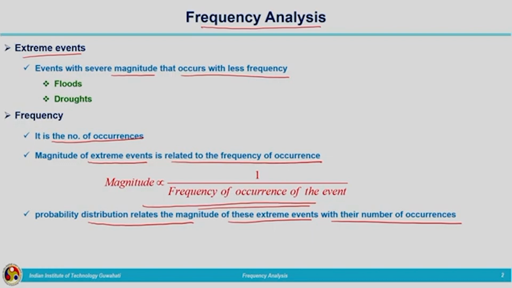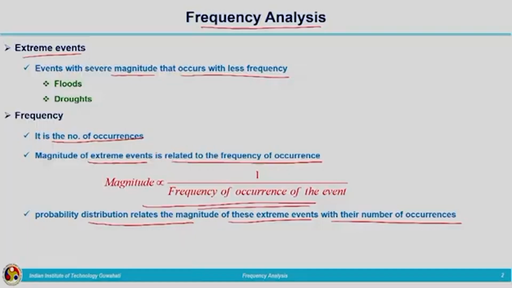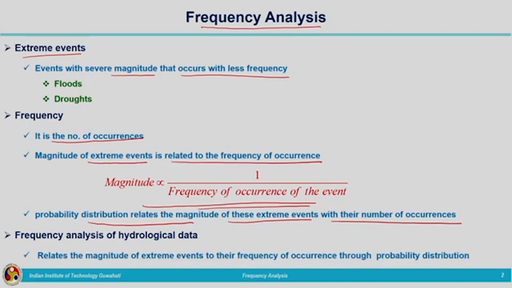We can make use of a particular kind of probability distribution for relating the magnitude of the extreme event and the frequency of occurrence of that extreme event. So, frequency analysis of hydrological data relates the magnitude of extreme events to their frequency of occurrence through probability distribution.